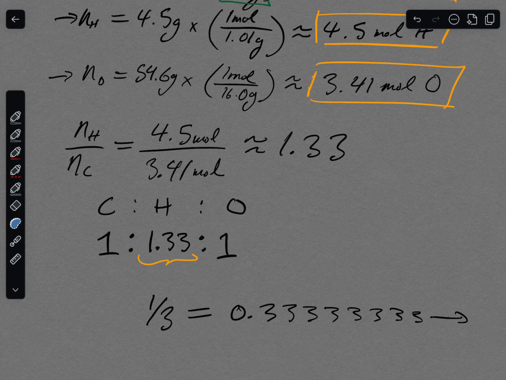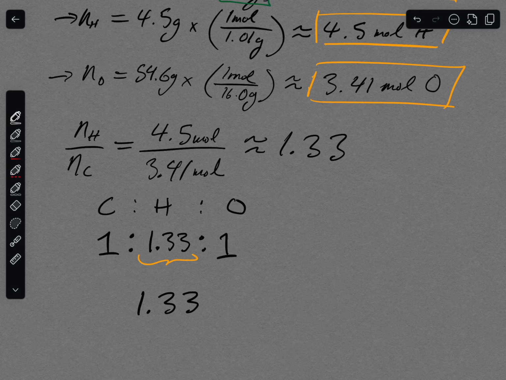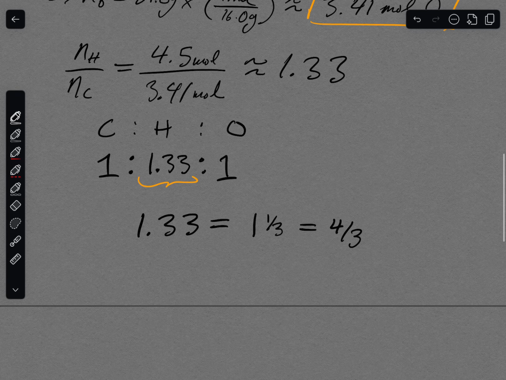And we can indeed do this. So we can write 1.33 as a mixed number, say 1 and 1/3, which we could then write as 4/3. Now our ratio looks a little bit nicer, 1 to 4/3 to 1.